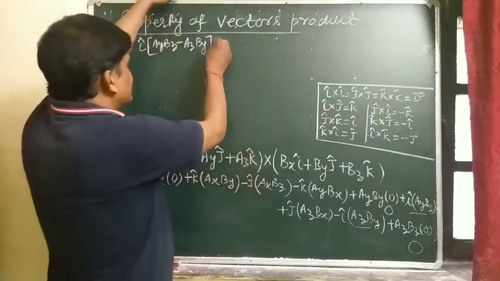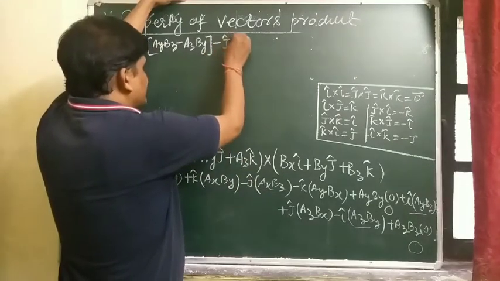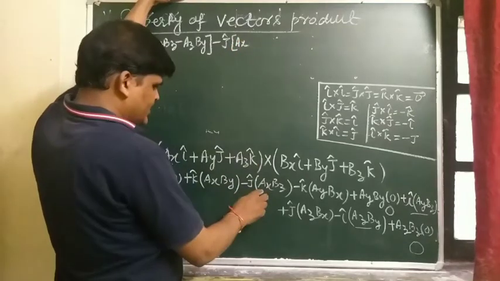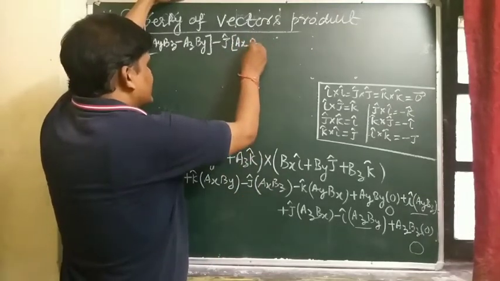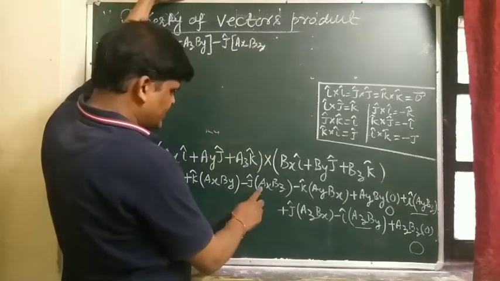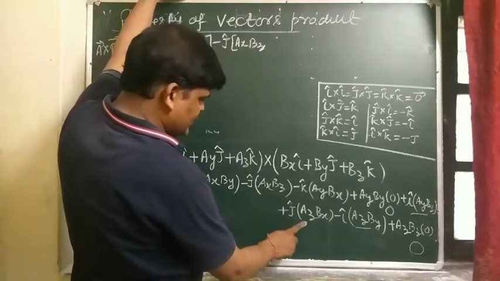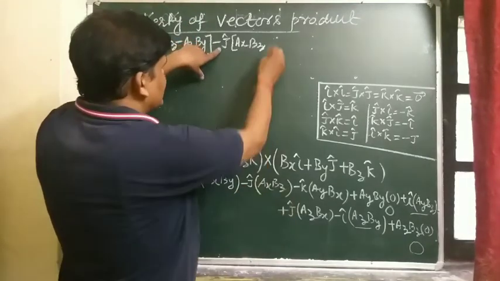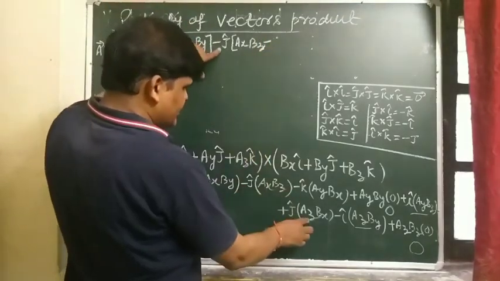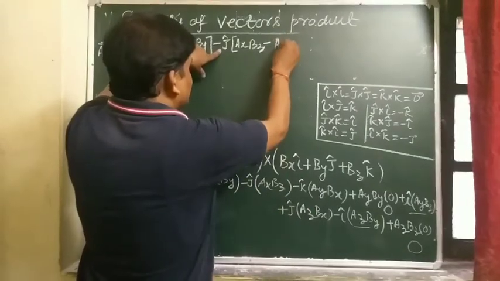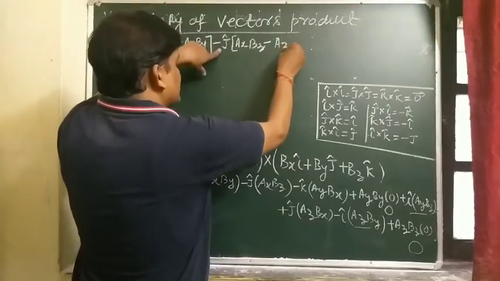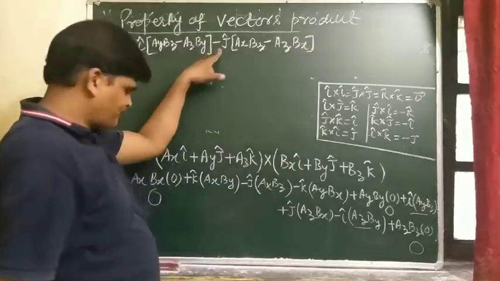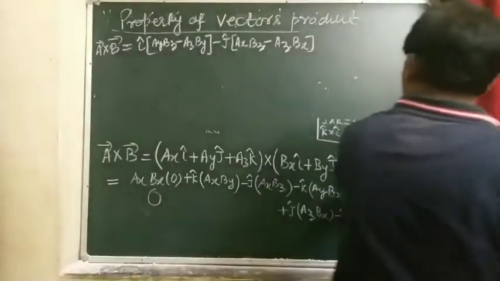So minus j we have taken common, so it is ax bz, and for j, minus taken common, so it becomes minus az bx.